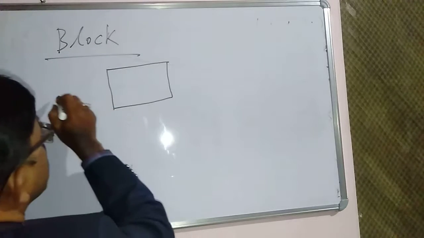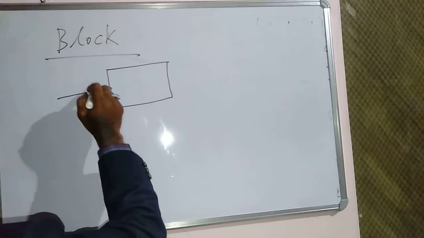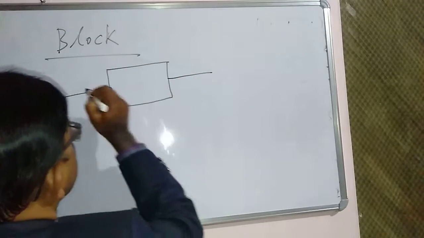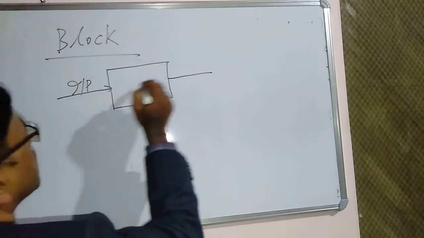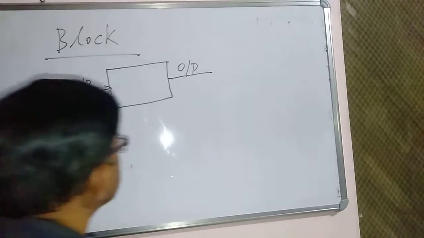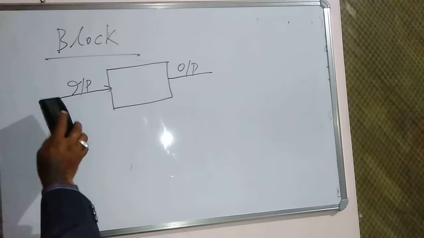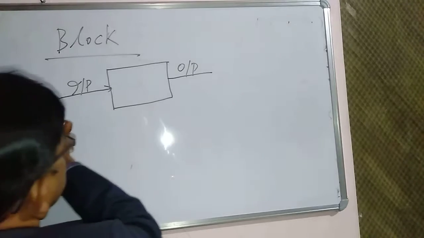By one block it is having one input, and this is the input of this block, and this is the output of these blocks. So it may be one inductor, capacitor, resistor, etc. So the different components are represented by one block.